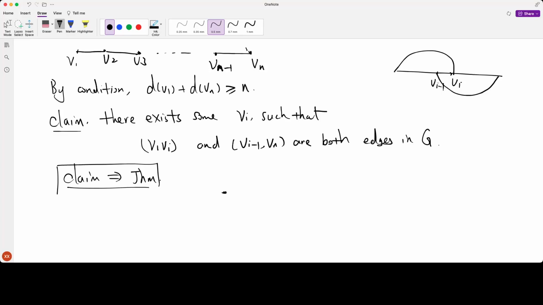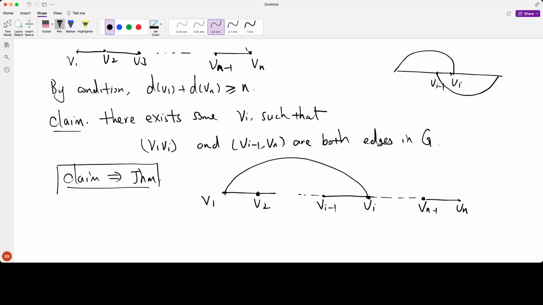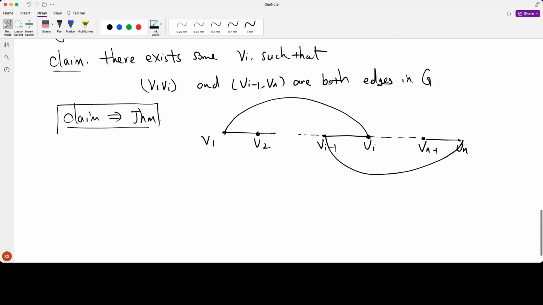So here, let's draw it many times. So here you have v1, v2, and some place you arrive at vi minus 1, and here is vi, and you continue, you arrive at vn minus 1, and here is vn. Okay, suppose we know that v1 and vi has an edge, and vi minus 1 vn has an edge. Now where is the cycle? So it's pretty clear, right?